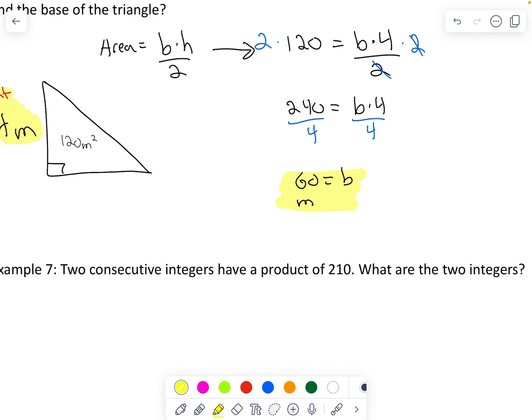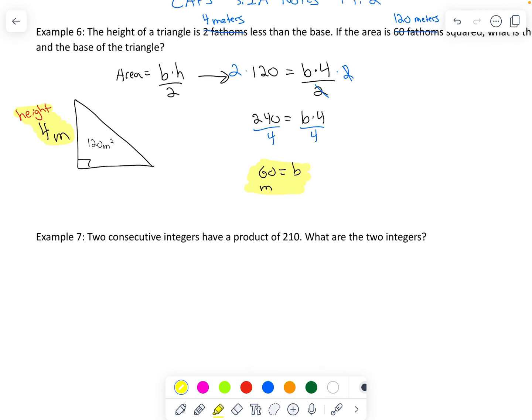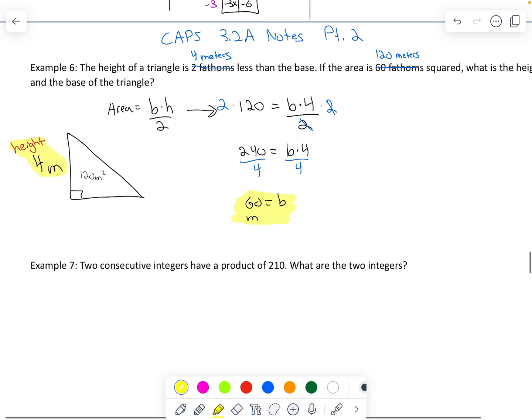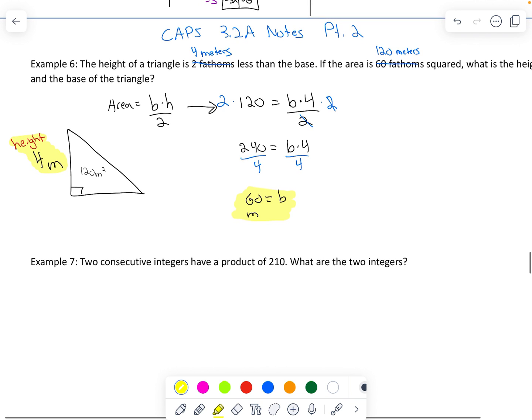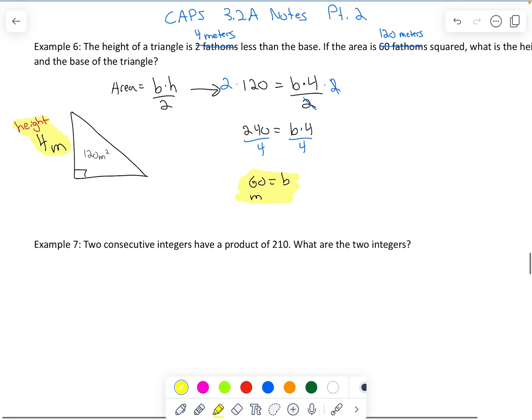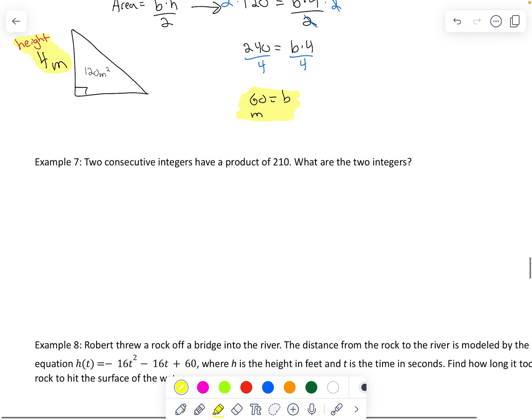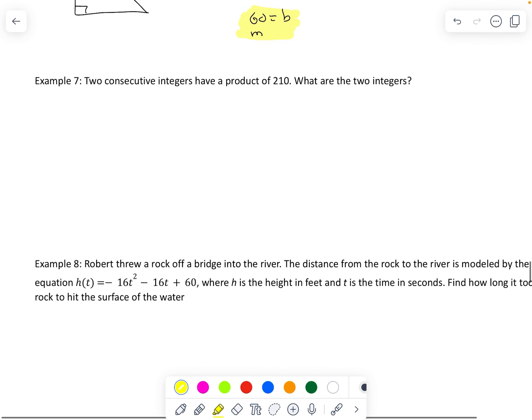Quite a big triangle. Okay, so that was a pretty boring question. And in this question, although we had something squared, we ended up not needing to really do anything quadratic.